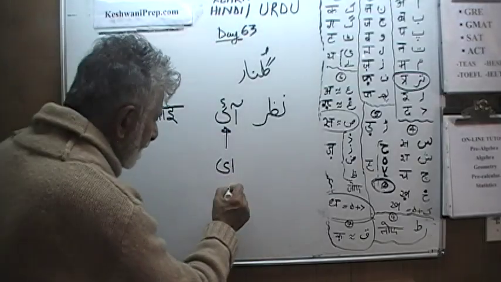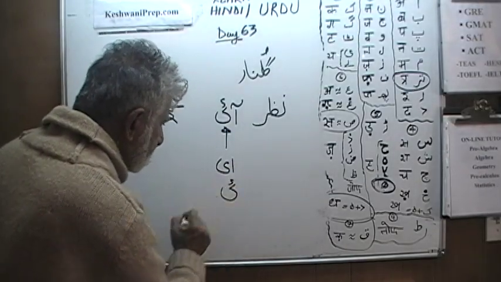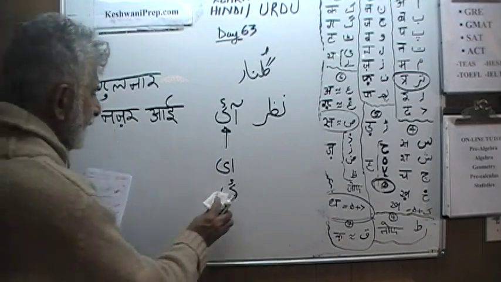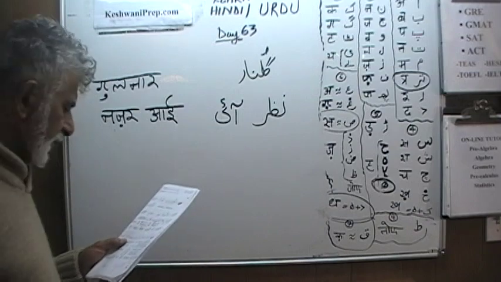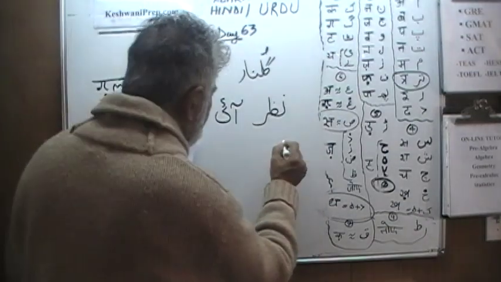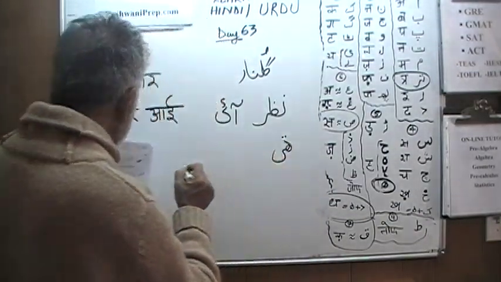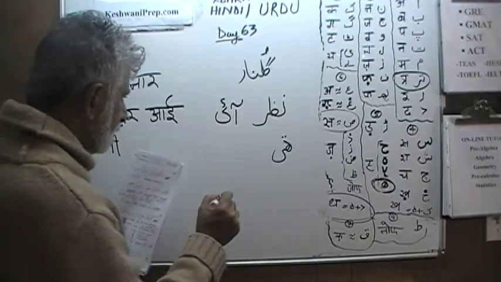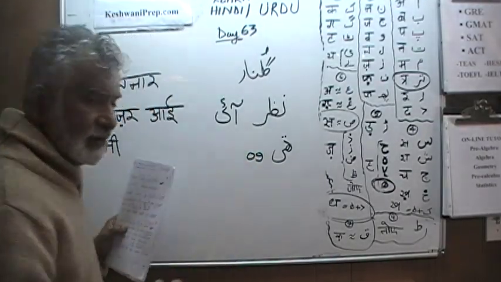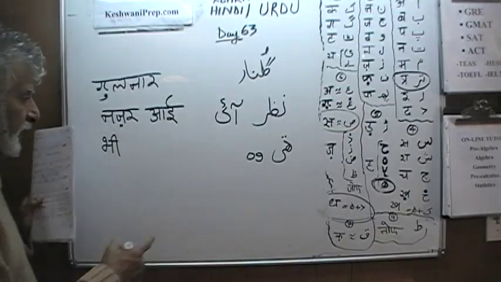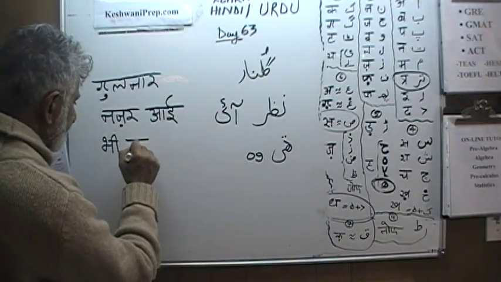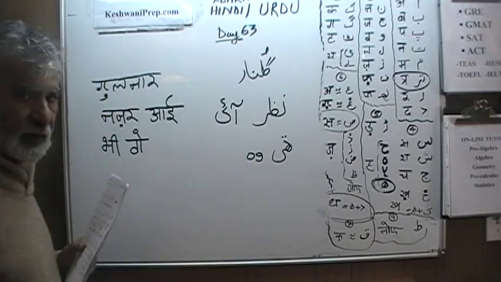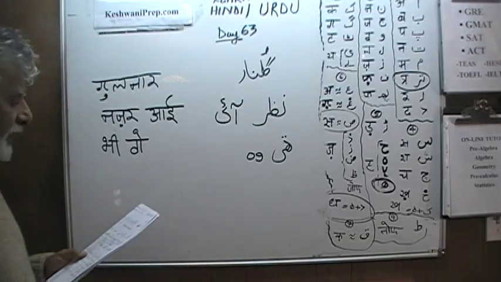Written together, it goes like this. That's what that is. Gulnar nazar aayi thi wo. All of this word we have done before. I don't want to keep repeating it. Wo is written in Hindi with wo and o ki matra. In Urdu it is written with wow and a he. Gulnar nazar aayi thi wo.